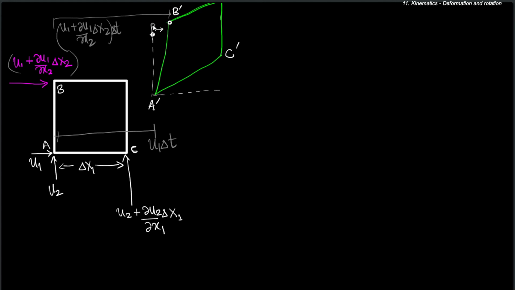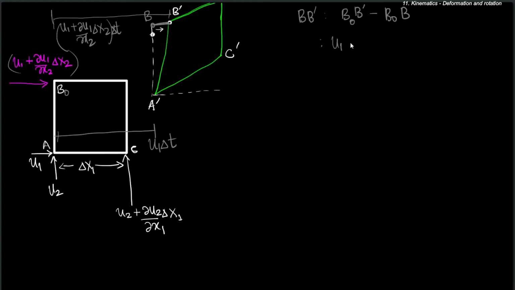So now this particular distance, let me call this B0, the original B. So B0 B prime is going to be B prime minus original B. Now B0 B is the same as u1 delta t, right? So B0 B prime is this distance that we have just evaluated.